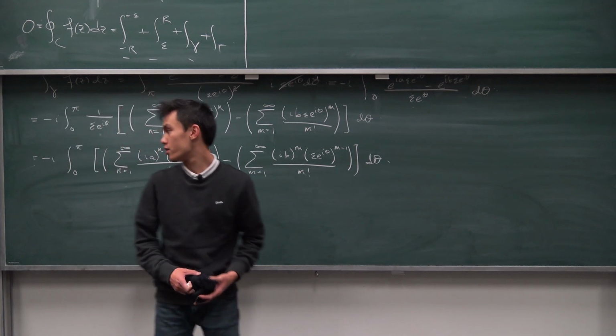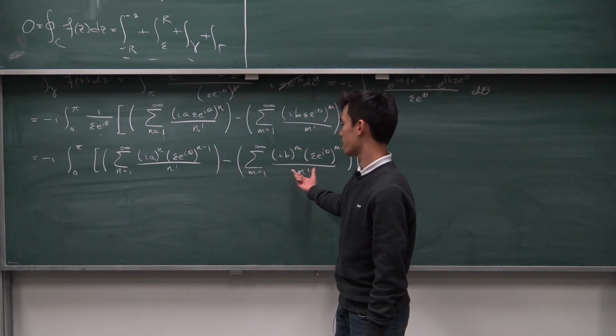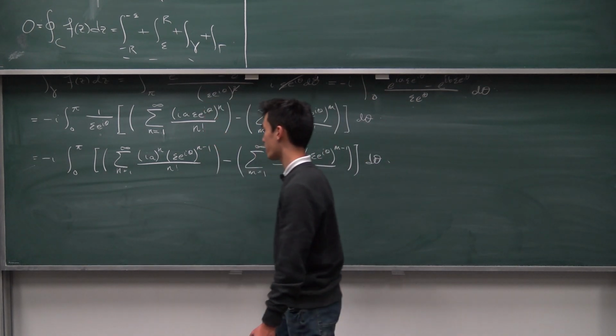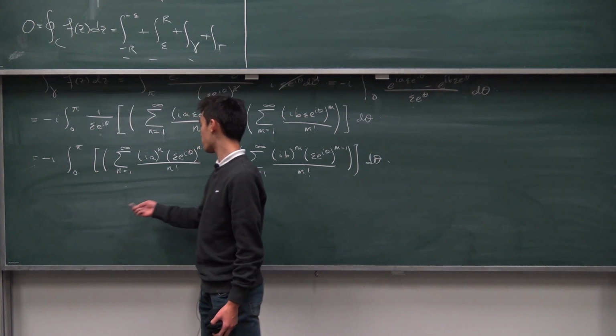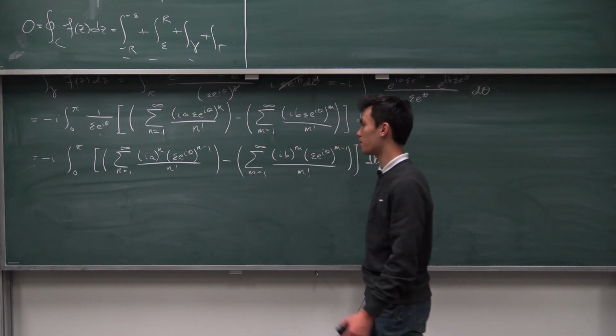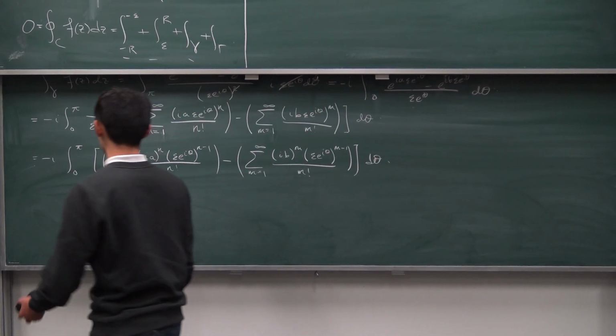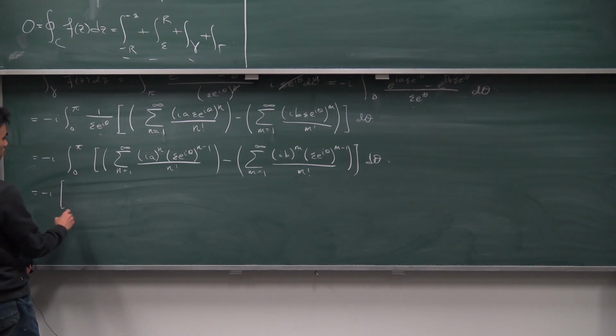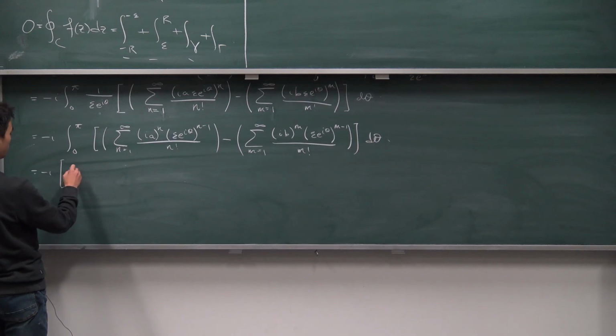So the next thing we can do, since these are just sums now, they're just polynomials, and we just have a definite integral out the front, we can bring that definite integral into each of these sums. And what should we get? Well, we're going to get the negative i out here. We have big brackets, and first of all, what happens on this sum?